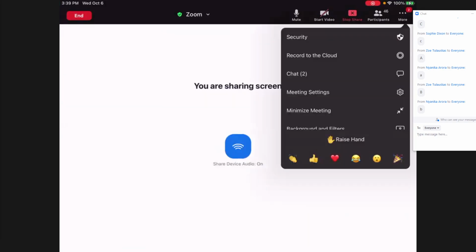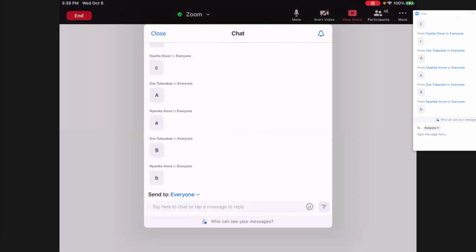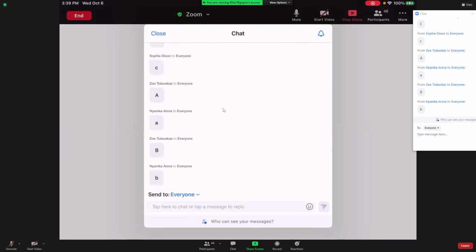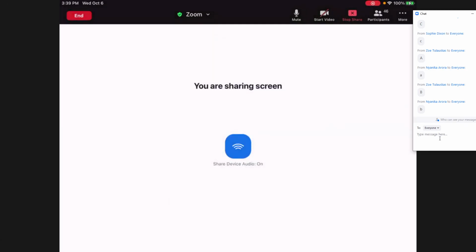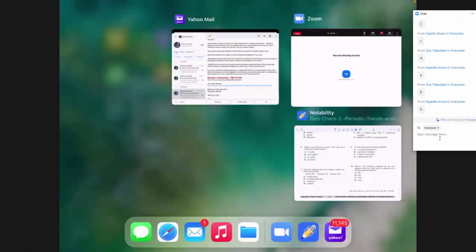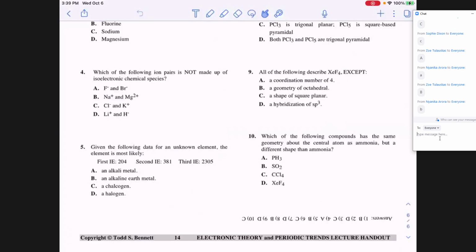So my question to you guys is, why is the second ionization energy greater than the first ionization energy? Isn't s2 more stable than s1?